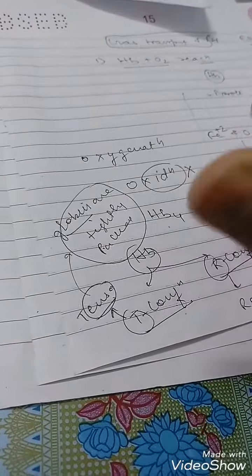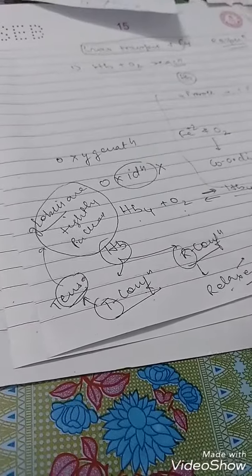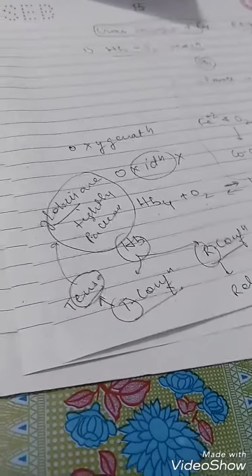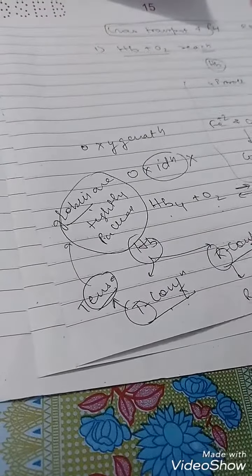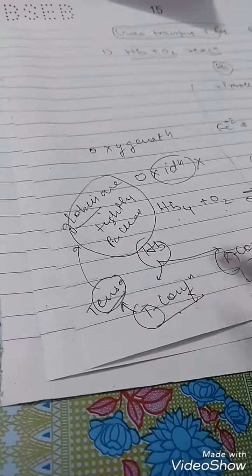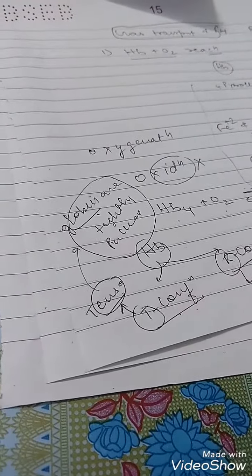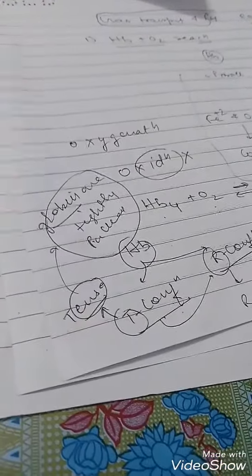When the globins are tightly packed, there is very little space through which oxygen can reach the heme group. When the first molecule of oxygen binds to hemoglobin, it leads to a change in configuration, an interconversion from the T configuration to the R configuration.